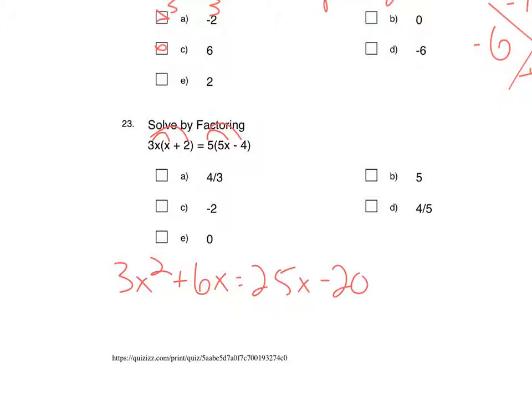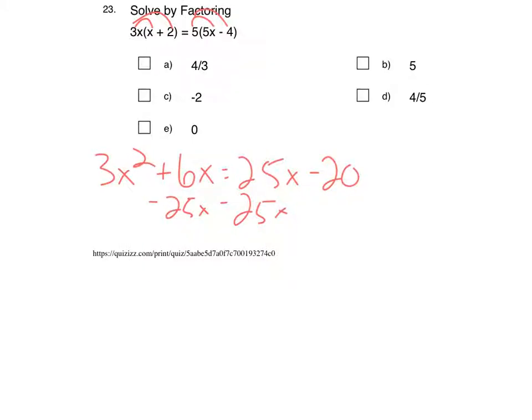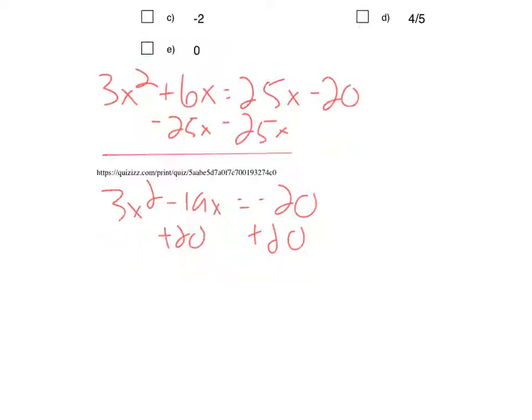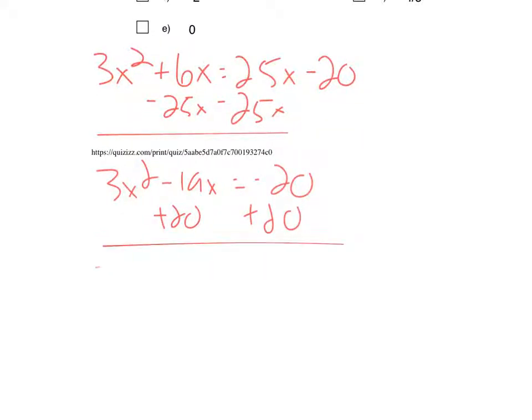Move everything over, so I'm going to subtract 25x, which gives us 3x squared minus 19x equals negative 20. Add the 20. That gives us 3x squared minus 19x plus 20 equals 0.